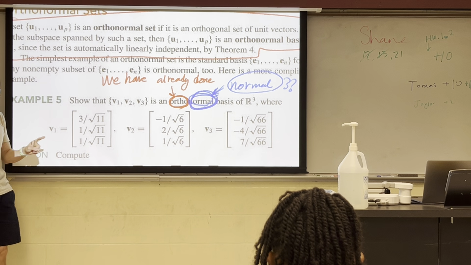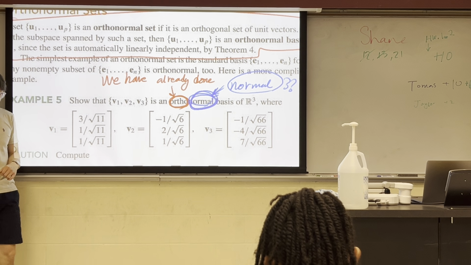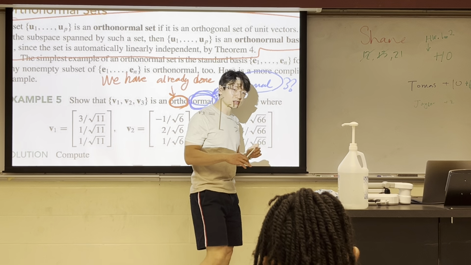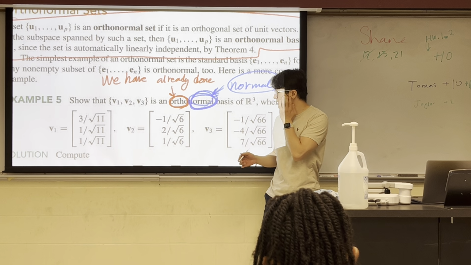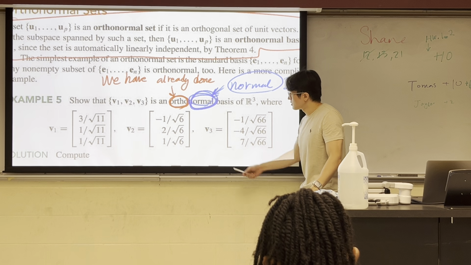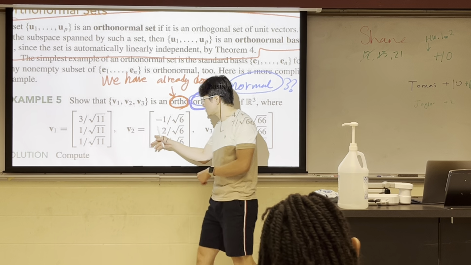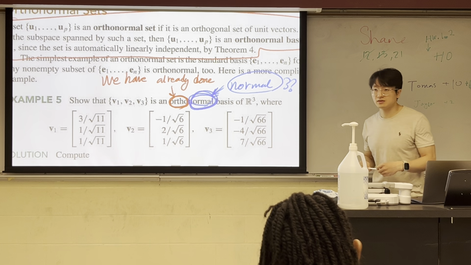Two things. First, orthogonal. Second, normal, right? How do you show orthogonal? Take the dot product and see that the results are all 0. For normal, simply get the length of each vector and see if all of them are equal to 1. Okay?